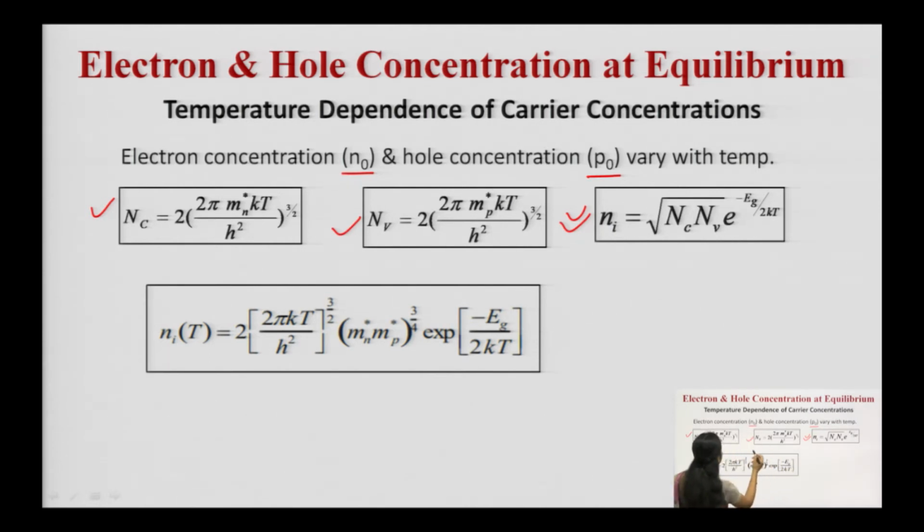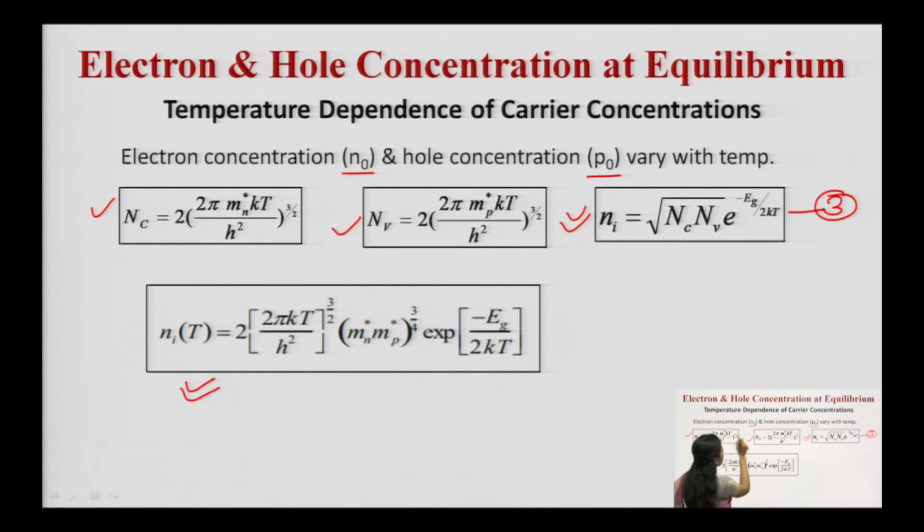So, if you combine all these terms, you can substitute the value of Nc and Nv in equation number 3. What are you going to write? Ni, temperature dependence: under the root, Nc Nv, this term is common, 2 times (2 pi kT upon h square) raised to the power 3 by 2.